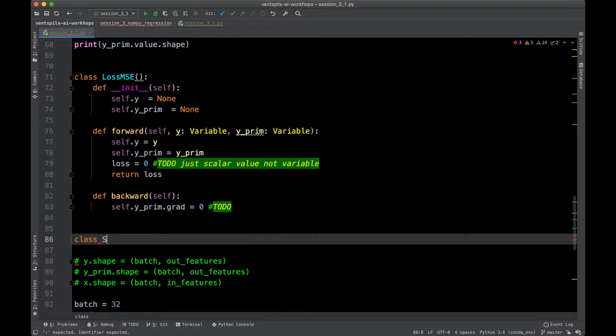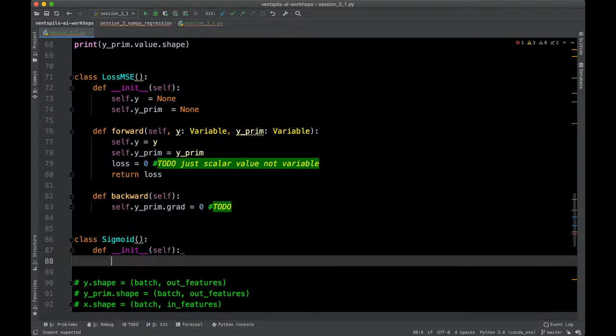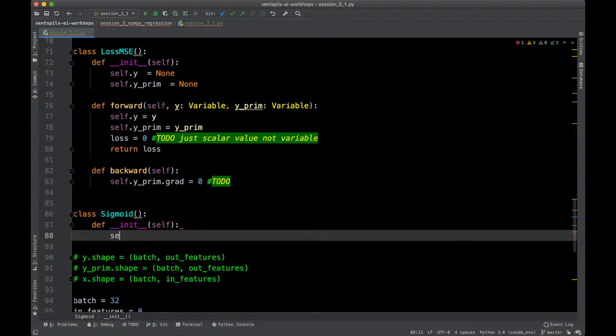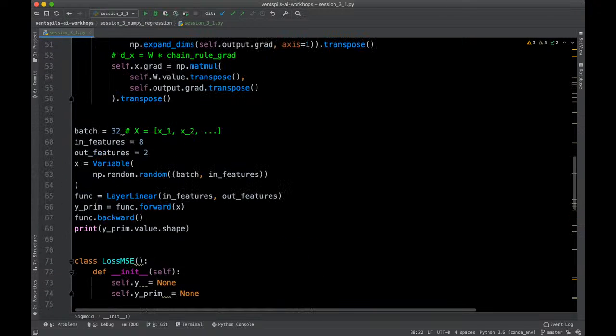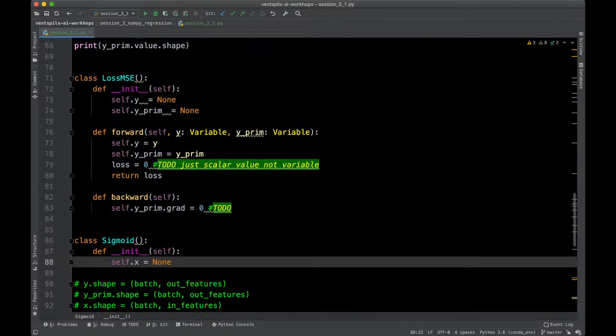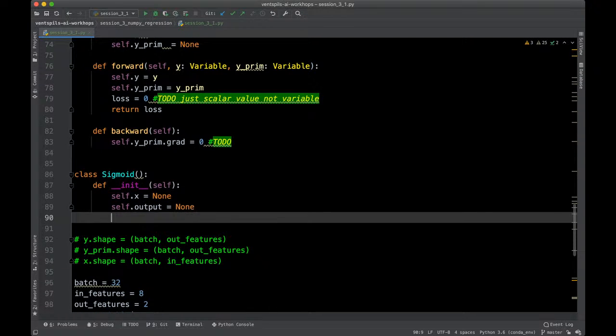So the sigmoid. We will need this function def init. The sigmoid we implemented today already many times. So self here will be the x. We'll need this one. I think we'll need also the out value. Wait a second. Yeah, output. Self output none.